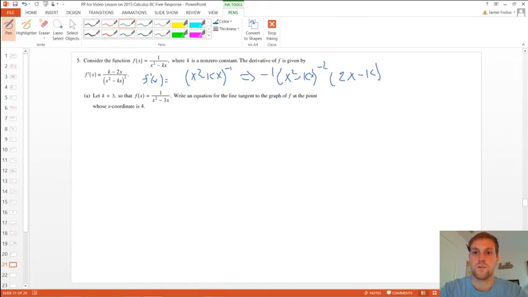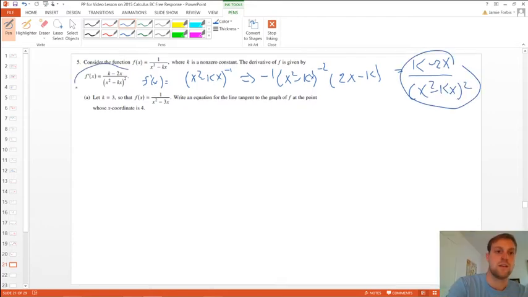If I distribute the negative and bring the negative power to the bottom, this is equivalent to k minus 2x over x squared minus kx to the second power. So you can see that is indeed the derivative. You just don't have to find it now, in case you're wondering where that relationship came from.